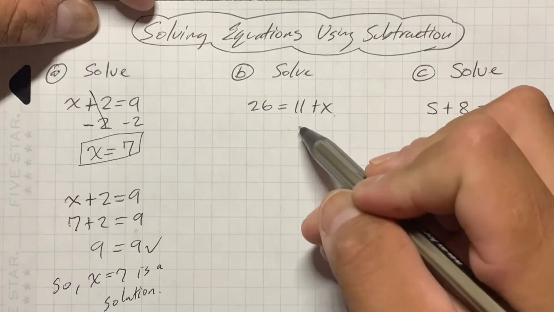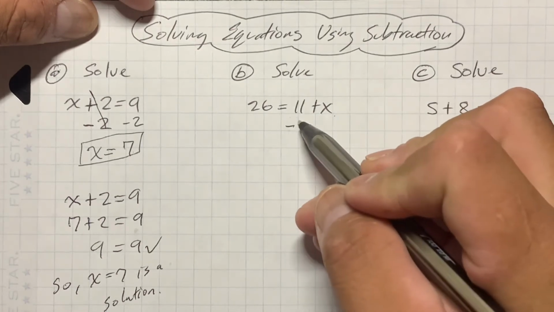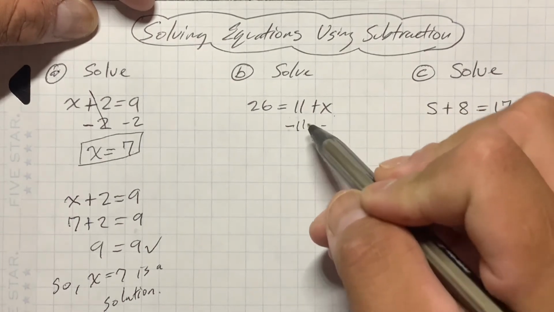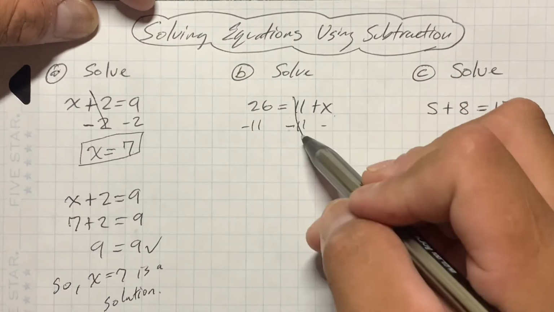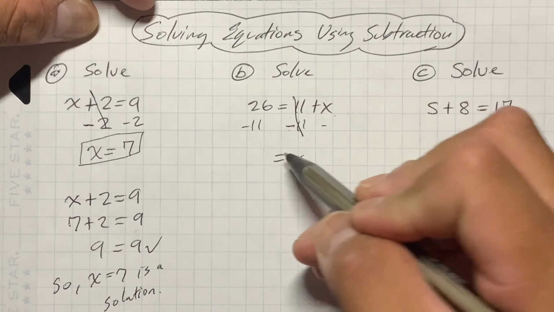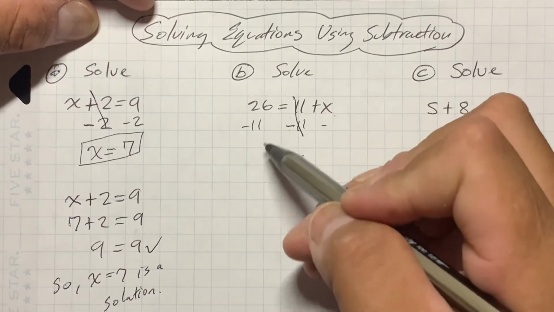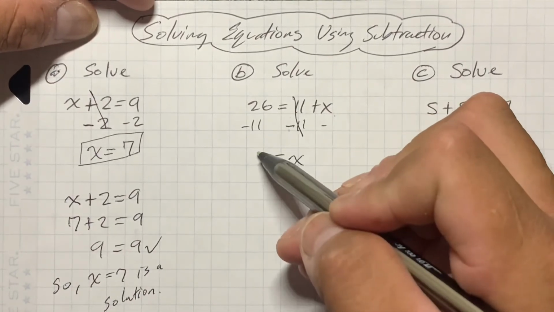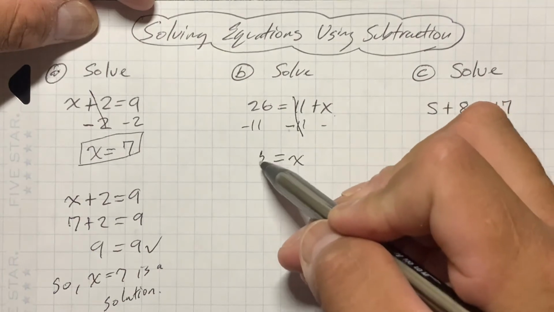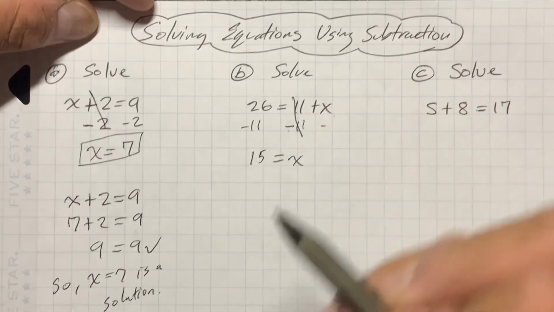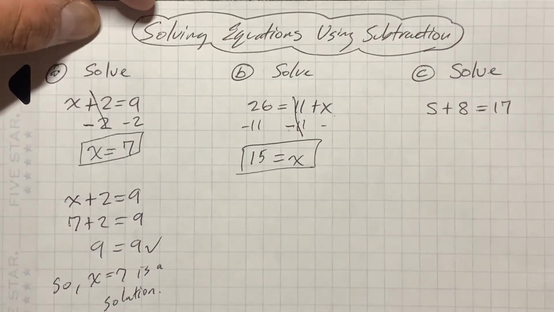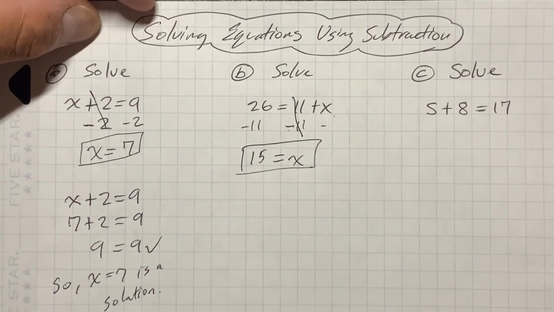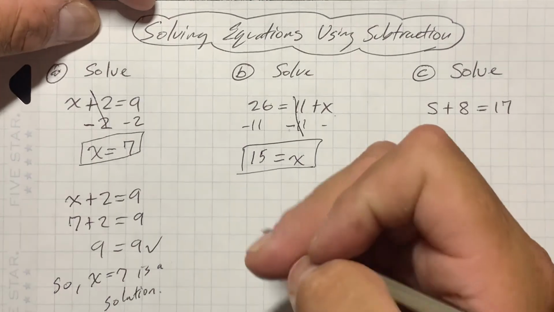We're going to subtract 11 from both sides of the equation. 11 take away 11 is 0, and we're left with x. Now 26 minus 11: 6 take away 1 is 5, 2 take away 1 is 1. So 15 equals x. That's our conjecture, or hypothesis mathematically.